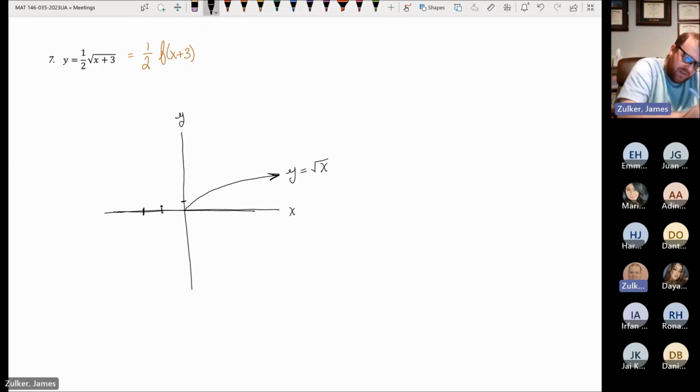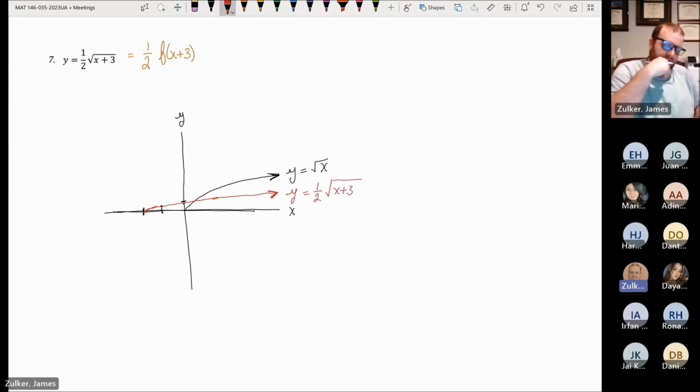That's going to be like right here. That was going to be fun to draw. I don't know, let's say something like that. Just a sketch.